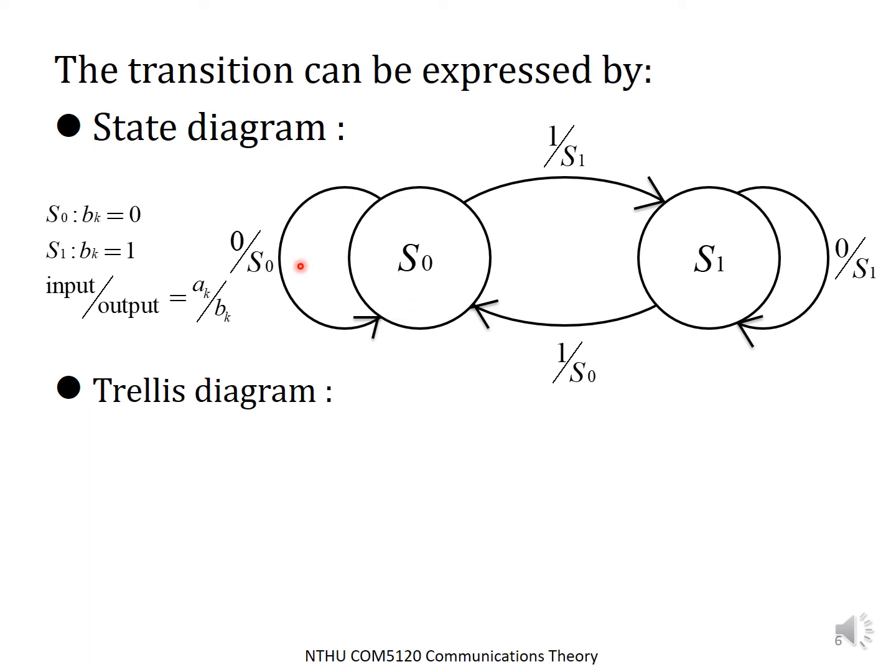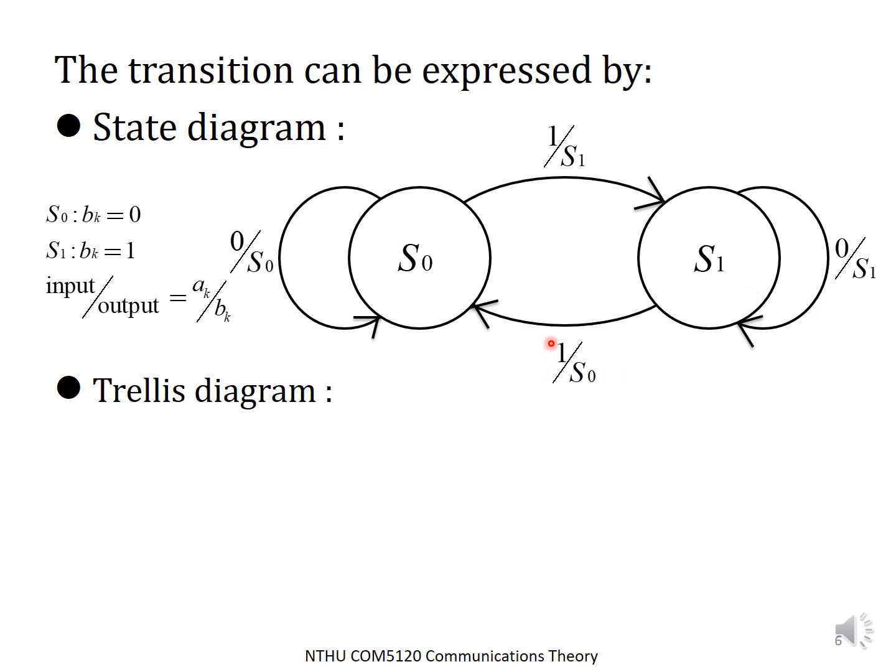And if the input is 1, the state will toggle, making a transition to a different state. Similarly, if the current state is S1, the symbol is 1, and if the input AK is 0, then it makes no transition.